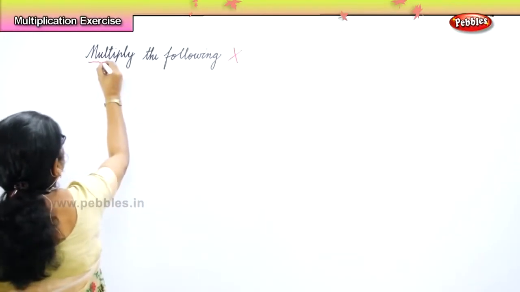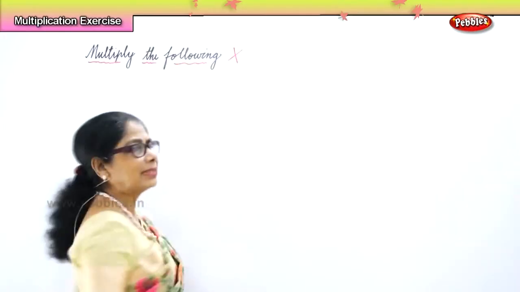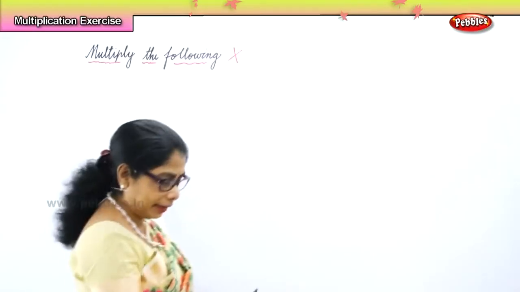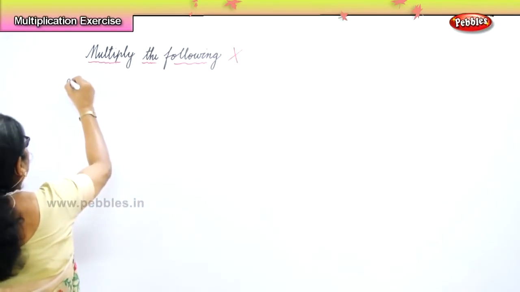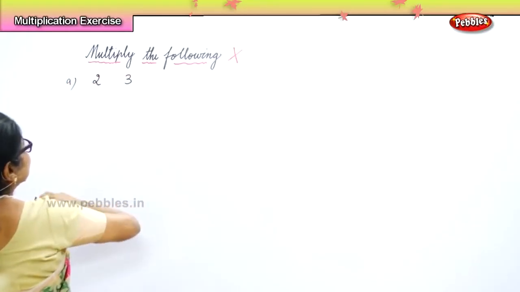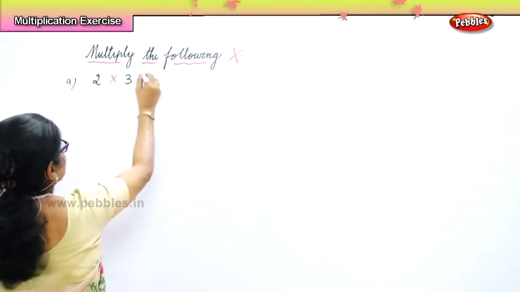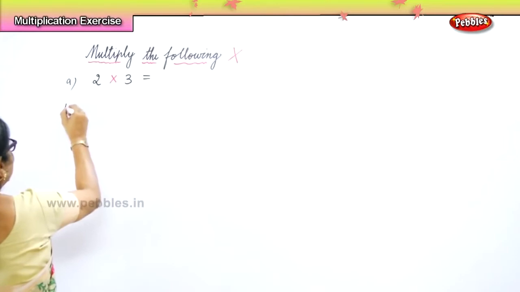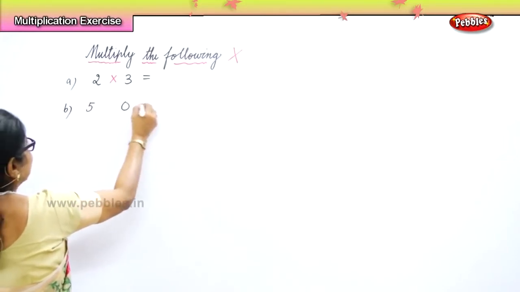Simple way to multiply. Now, supposing I give you A, 2 into 3 and you write the answer. Okay? B, 5 into 0.